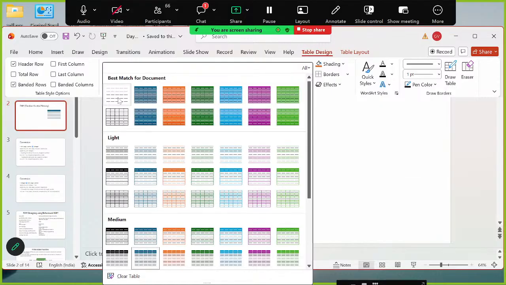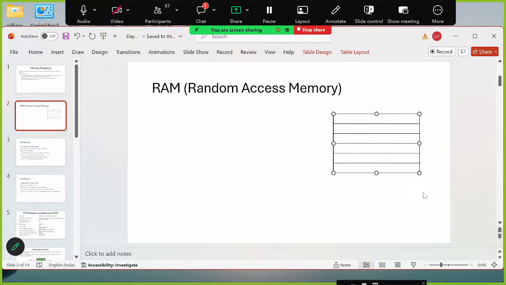Let's make a simple design. You can say this is row zero, row one, and I am assuming that each row is a register: register 1, register 2, register 3, up to register 6. Similarly, you can add more locations or more registers.